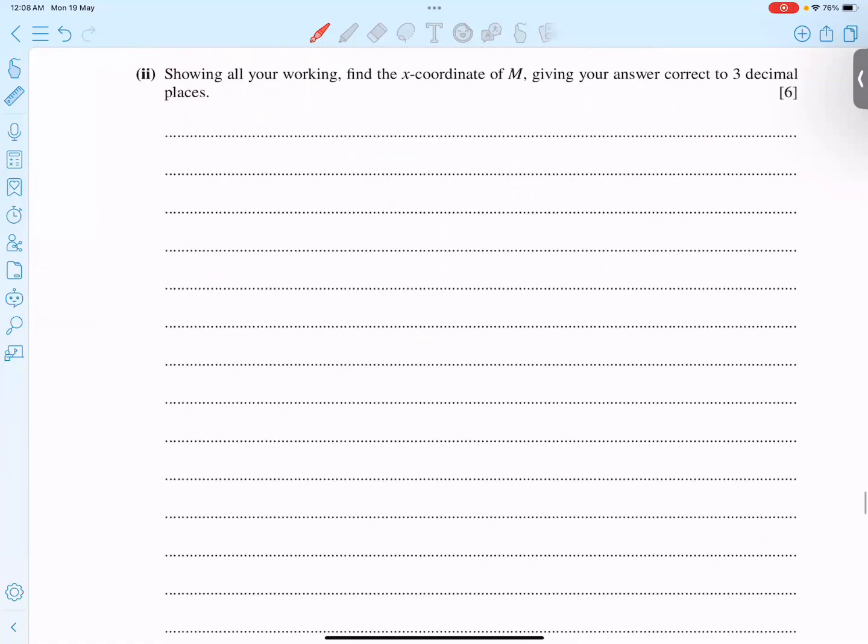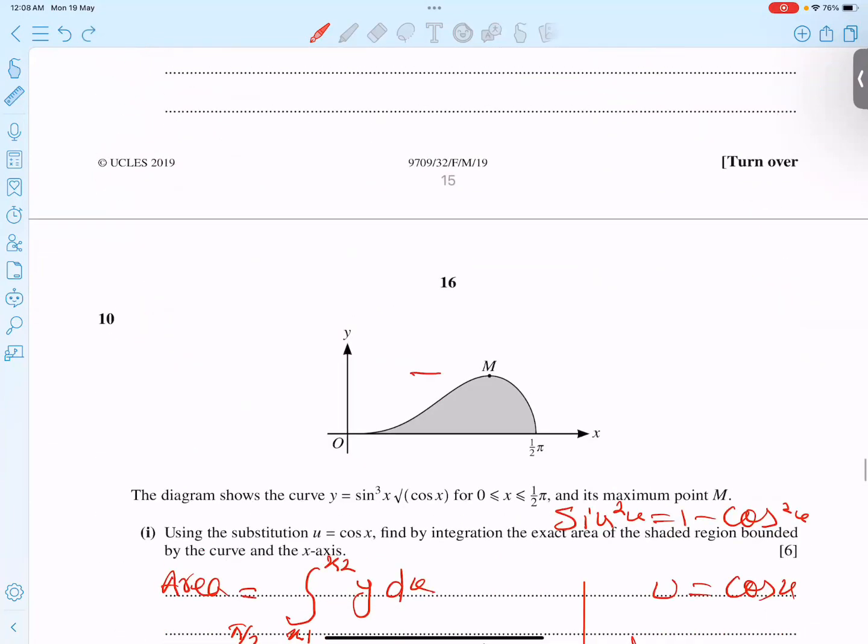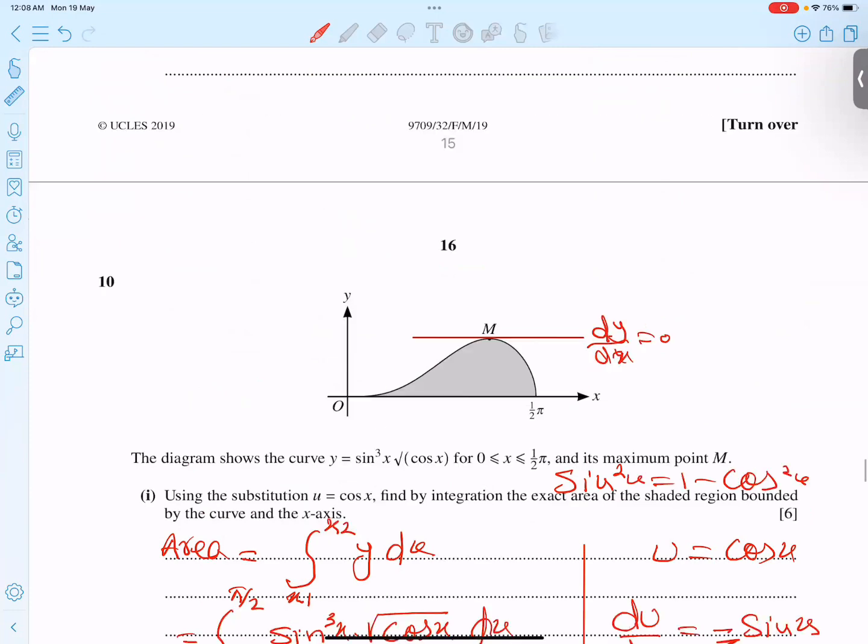So next, the last part of the question in the paper is asking for the x coordinate, find x m, the midpoint, at 3 dp, not exact. So how to get this? At a turning point, the line is parallel to the x-axis. It has a 0 gradient, or the derivative is 0.